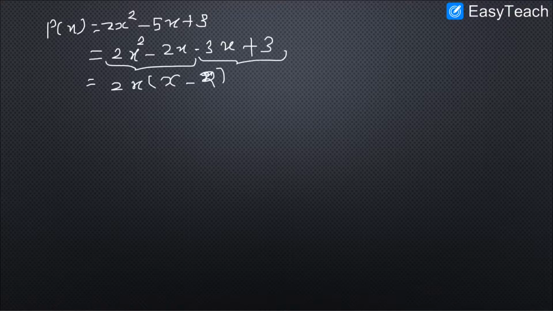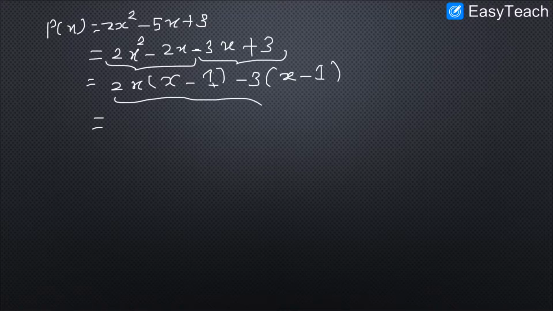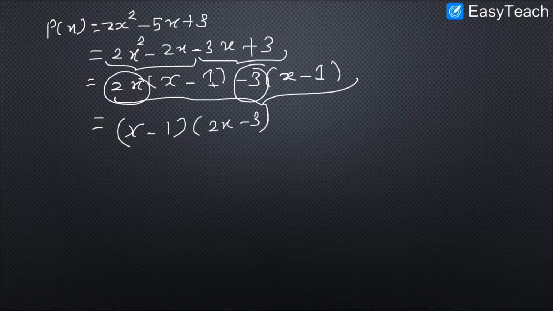And coming to the other two terms, minus 3x plus 3, the common number is minus 3, and here x minus 1. Between these two terms, x minus 1 is common, and the remaining is 2x minus 3.